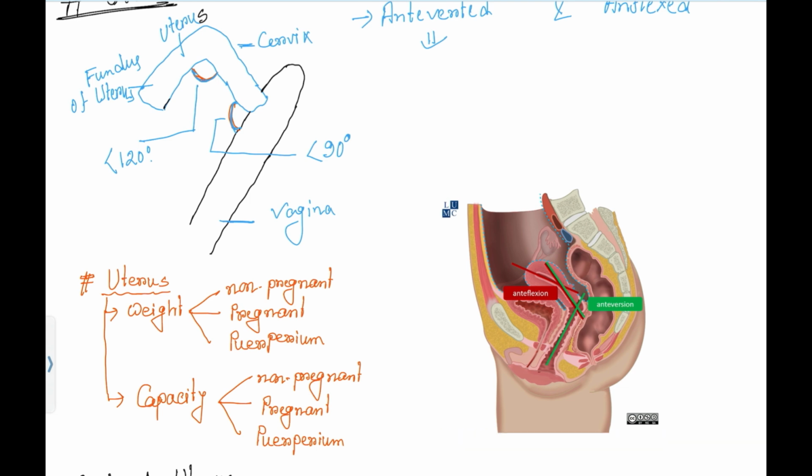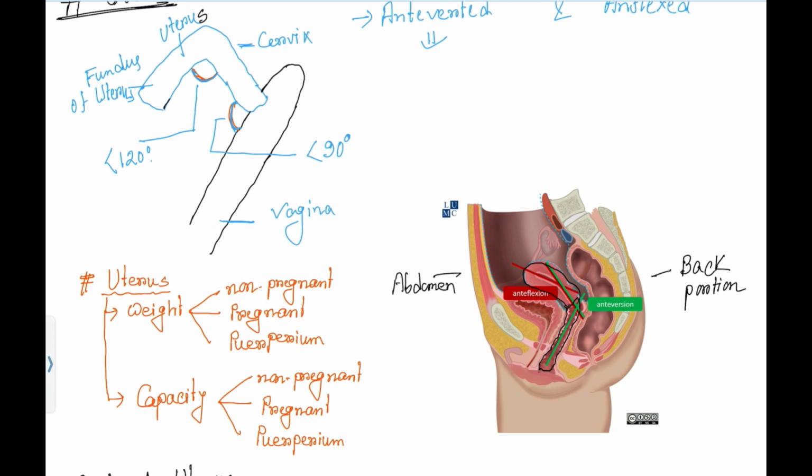Now see, this is your uterus. This portion is your uterus and it is attached with the vagina. Somewhat it is bending, and this is your abdomen portion and this is the back portion of the mother's body.